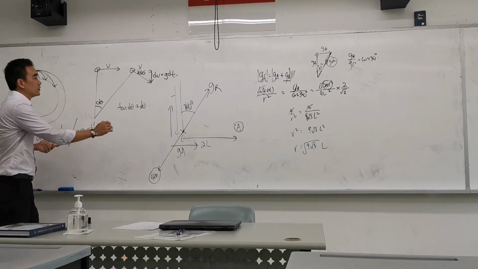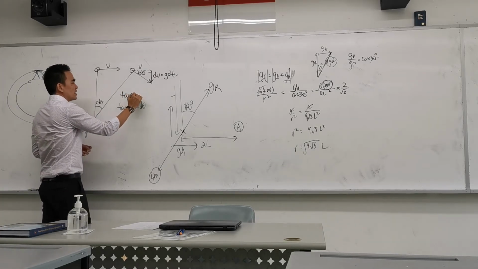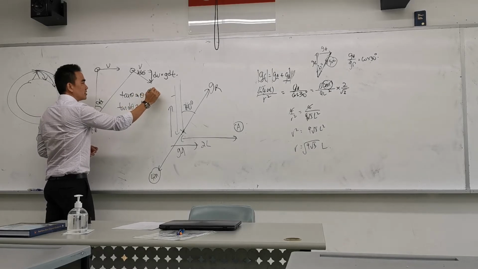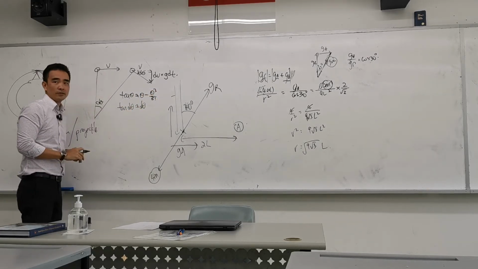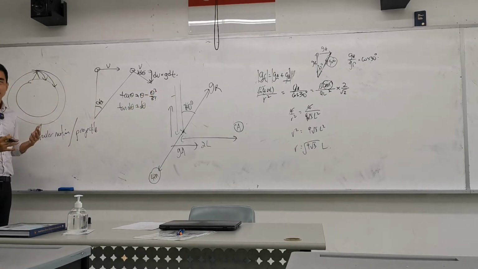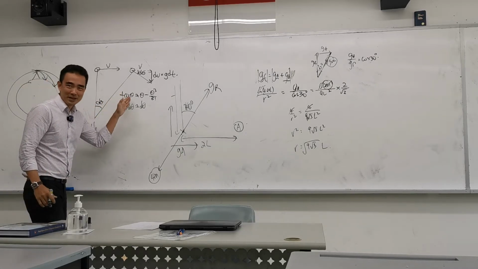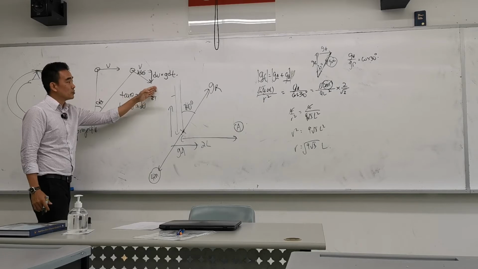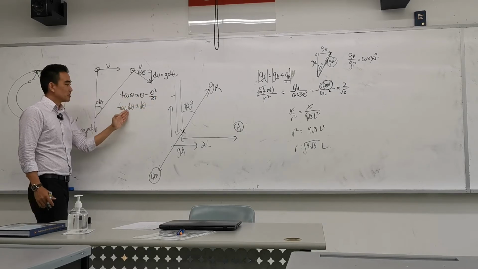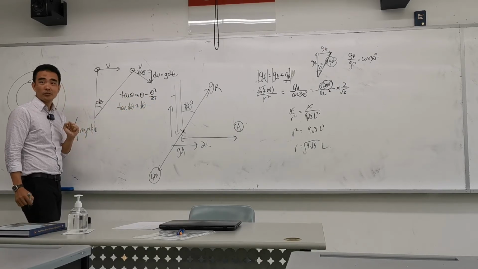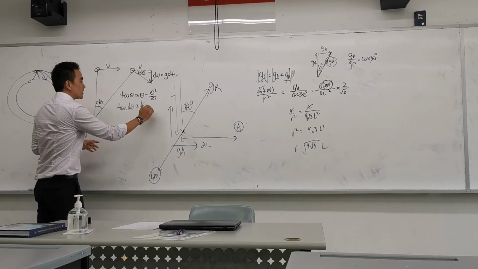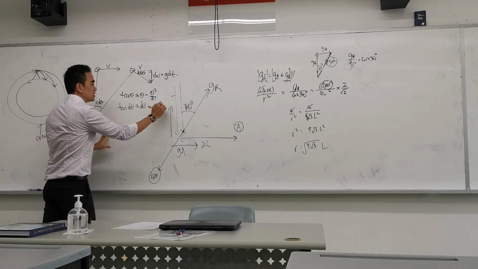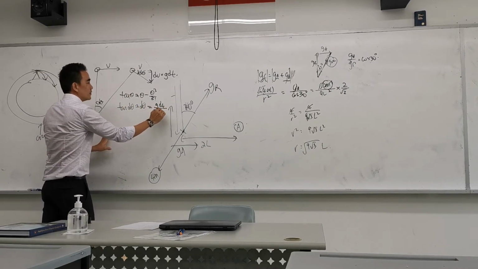The full glory of this approximation is tangent theta is approximately theta plus theta cubed over 3, if I'm not wrong. This is just to explain the math approximation. Because if theta is small, the higher terms go to 0. That's why this is true. So therefore, tangent d theta is equal to g dt over v.